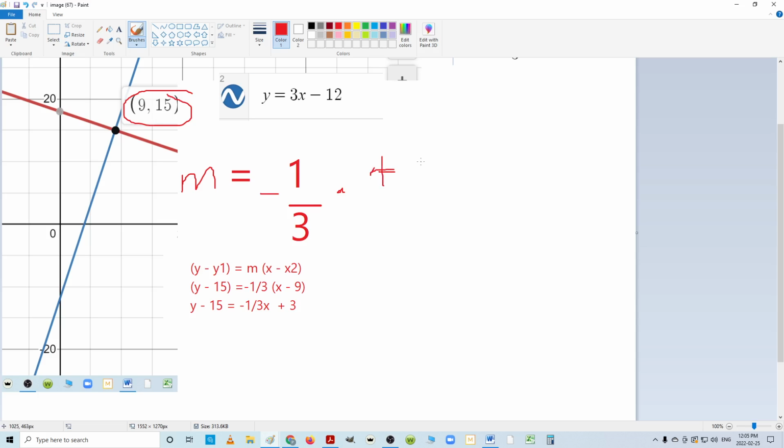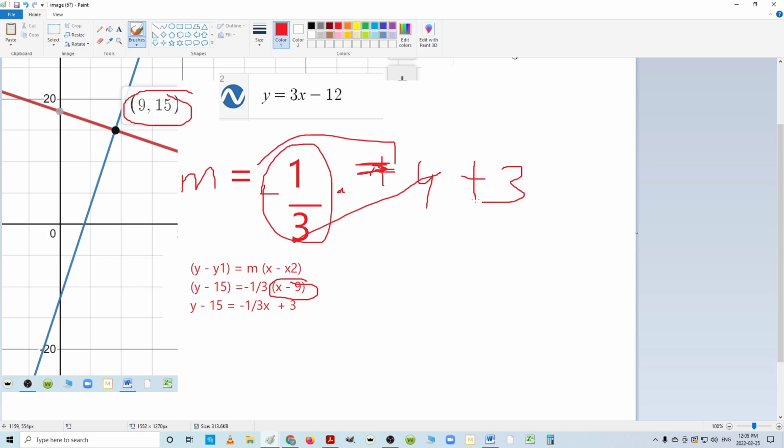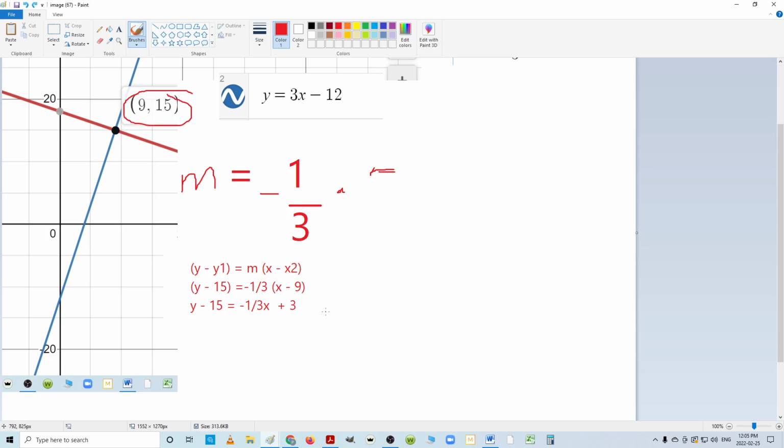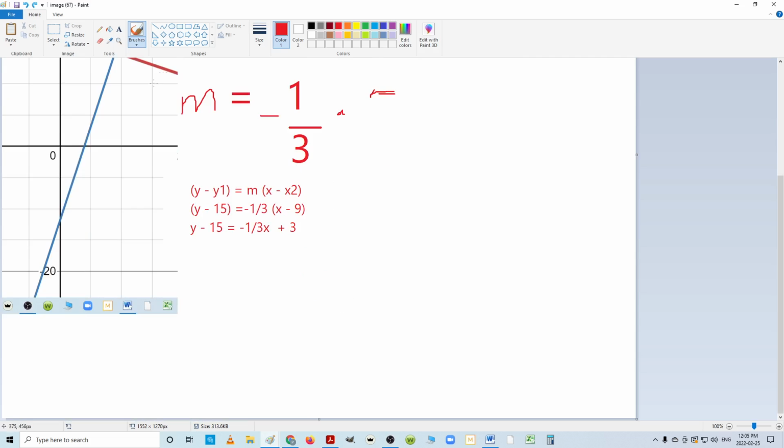So when I multiply minus 1/3, it became minus because I'm subtracting it down there. So minus 9. The 3 goes into the 9 3 times, and the minus times the minus makes positive. So that becomes positive 3. You should practice your distribution.